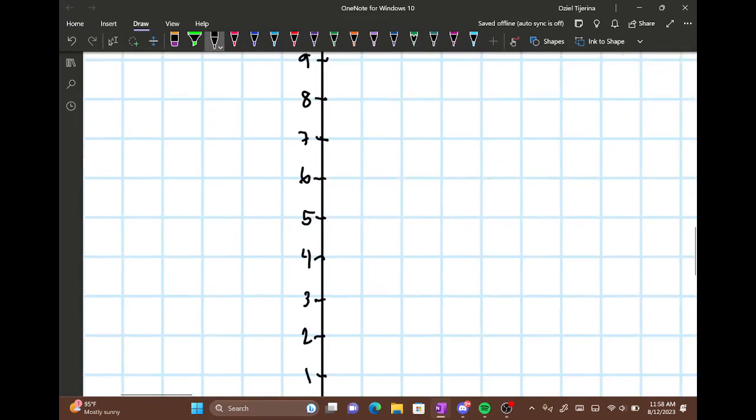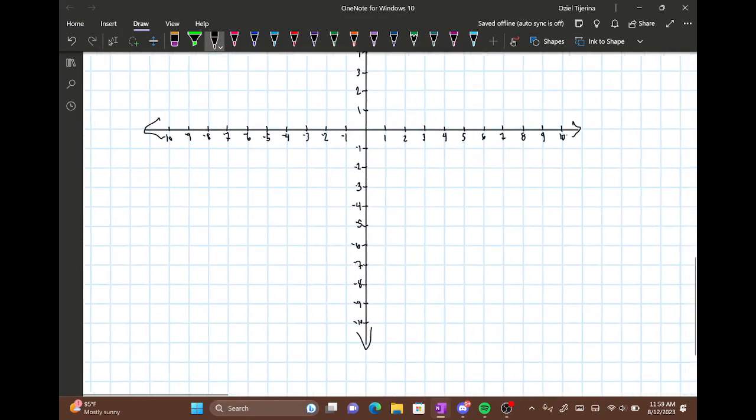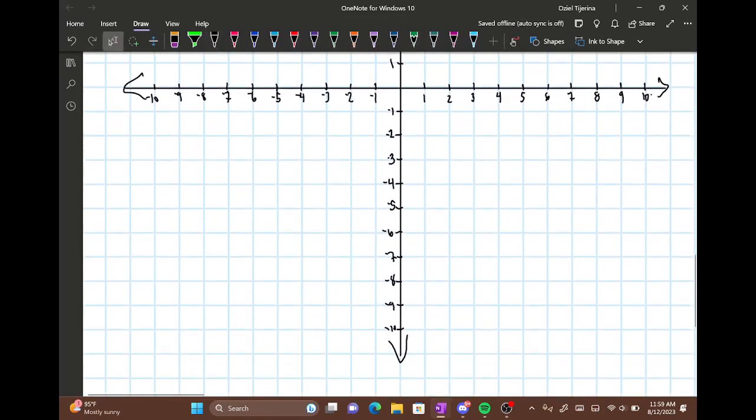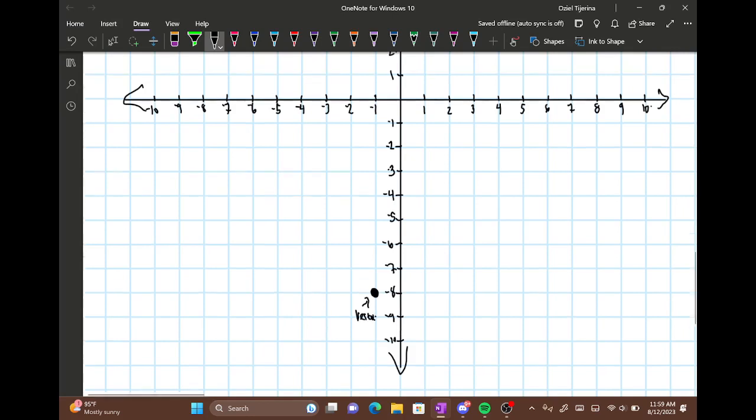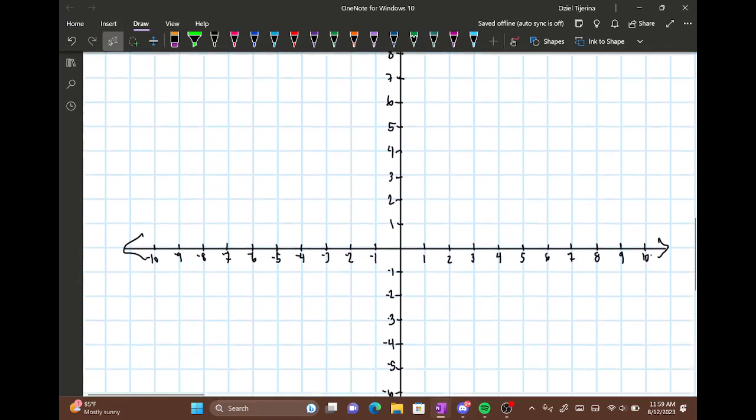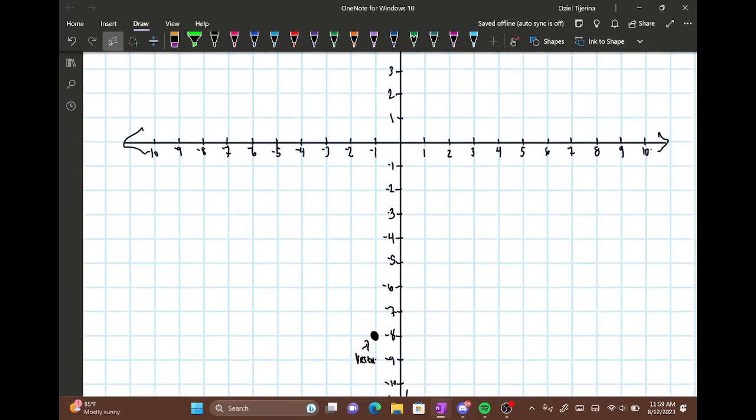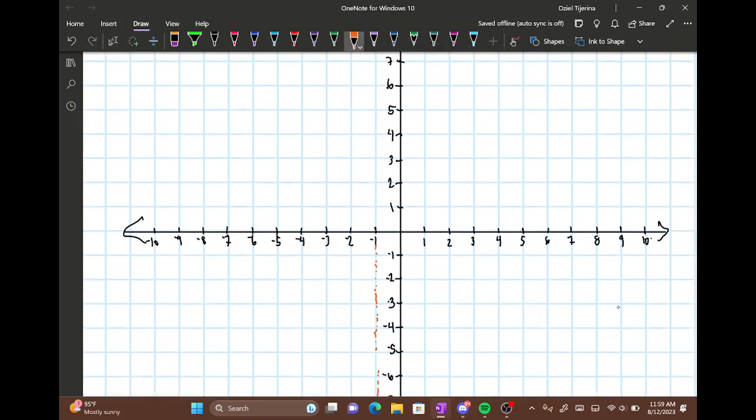And so I'm going to plot that into the graph. It's going to be right here. So this is my vertex. Then, some teachers require you to label the axis of symmetry, others don't, but I'm going to label it anyways.